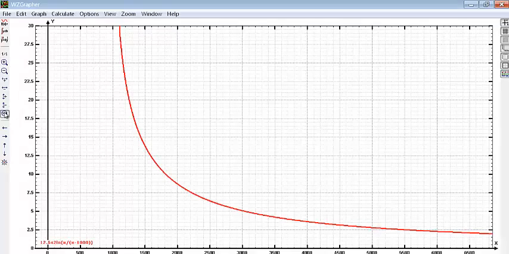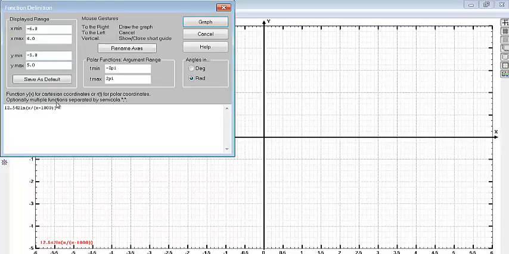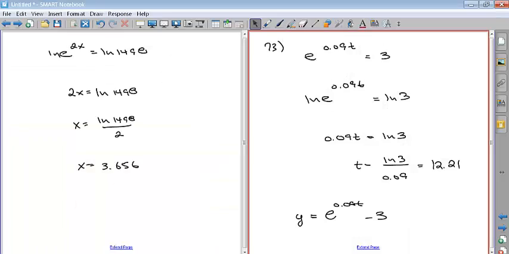So let's go to standard viewing. So what we have is e to the 0.09 times x minus 3. Yeah, e to the 0.09x minus 3.